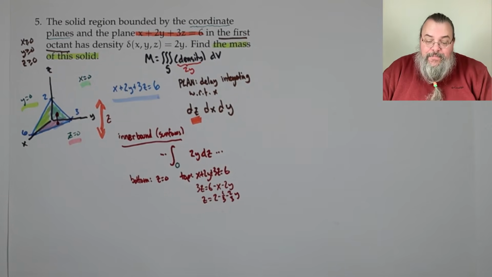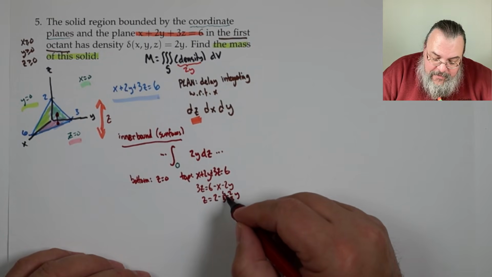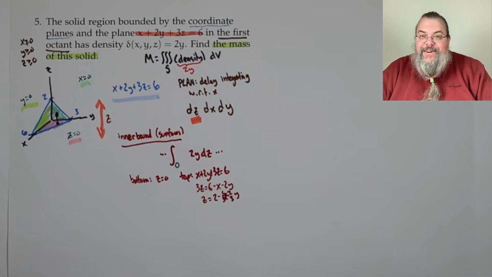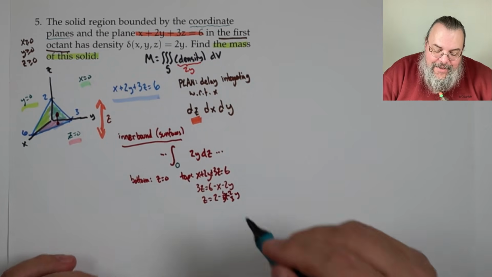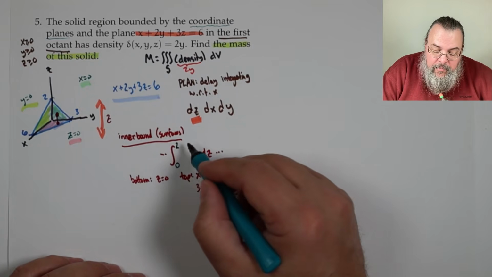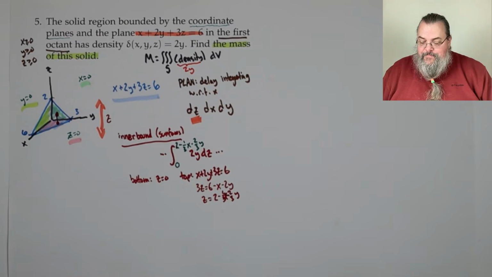That's such an important thing to be able to do. I noticed I forgot to write down my x. Learn to read your own writing and learn to copy correctly. Okay, so our upper bound is 2 minus 1/3 x minus 2/3 y. There's a lot to write there.